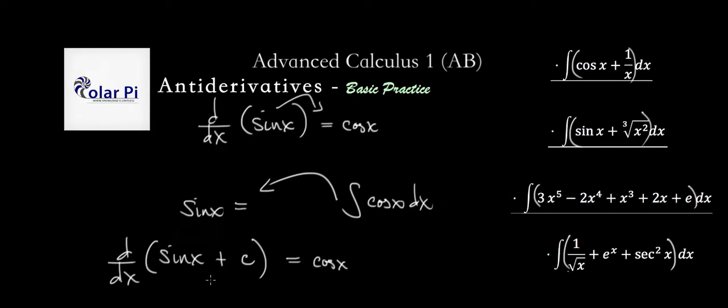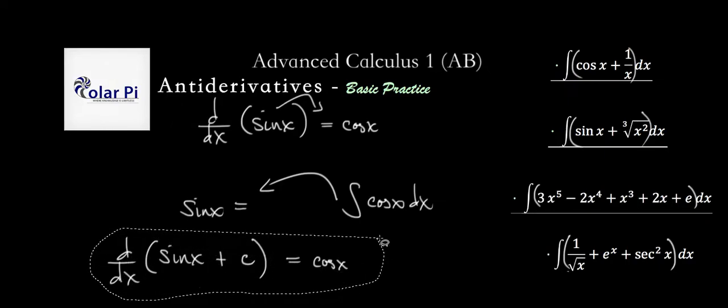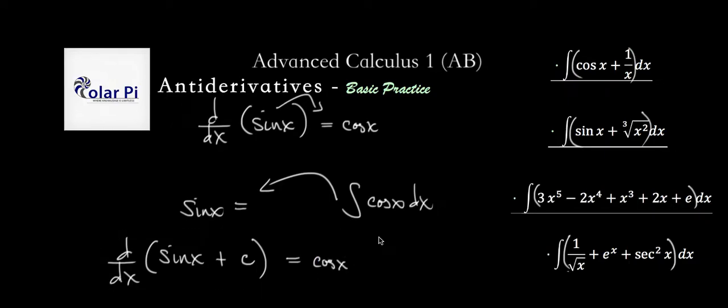So you see, because sine x plus c has derivative cosine x, technically my answer to the antiderivative of cosine x dx should be sine x plus c, because it's possible that the antiderivative had a plus c that was lost in the differentiation, in the forward movement. So the complete answer is not just sine x, but sine x plus some unknown constant c. Okay, so that's what we should say is the antiderivative of cosine x.